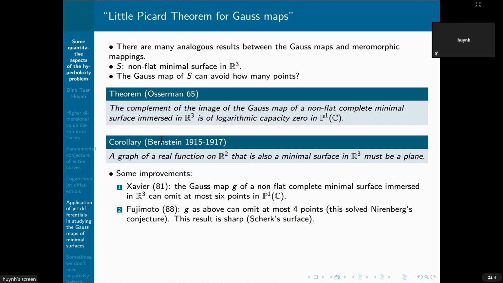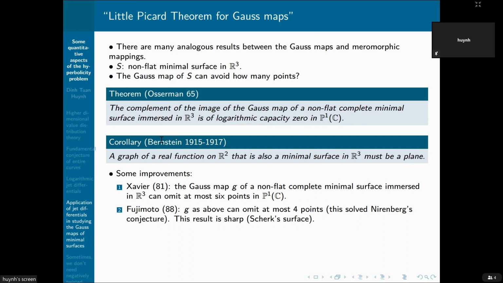For example, we can expect some analog of the Little Picard theorem. The question you should ask is: in the Little Picard theorem, a non-constant meromorphic map can avoid only 2 points. So the question is, how many points can the Gauss map of S avoid?